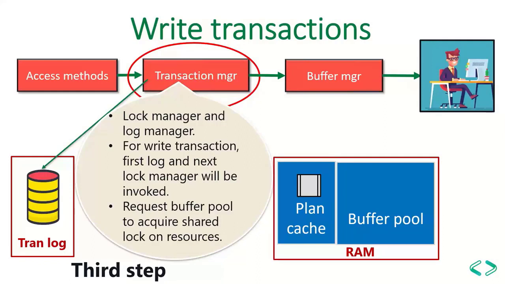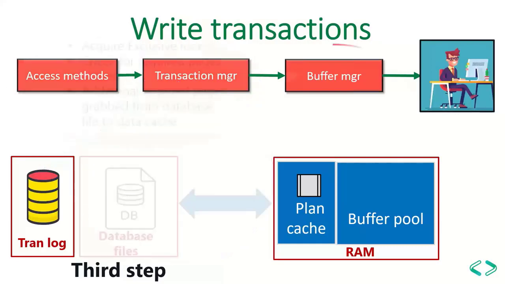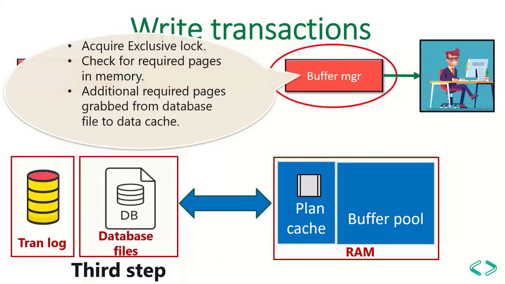Now, once the query has been sent to the buffer manager, the buffer manager will first put the exclusive lock on the resources it needs. Why exclusive? Because this is a write transaction and we do not want any other transactions to be interfering with our transaction, right?